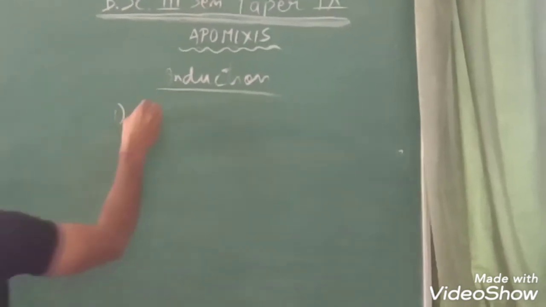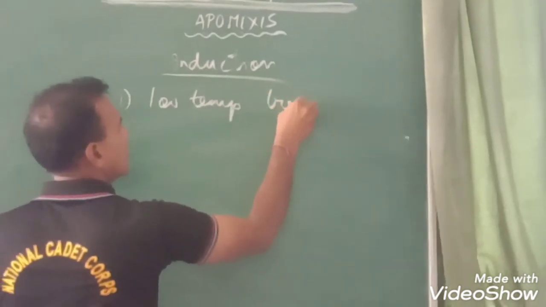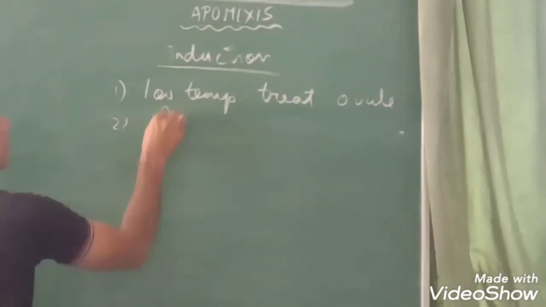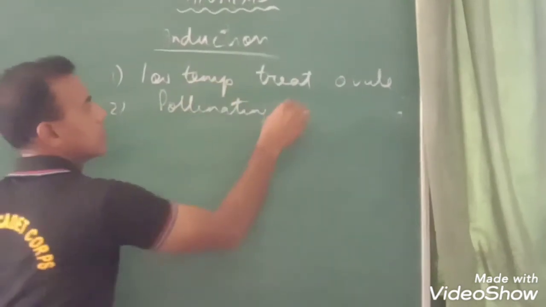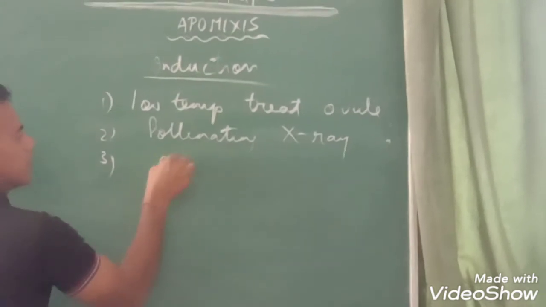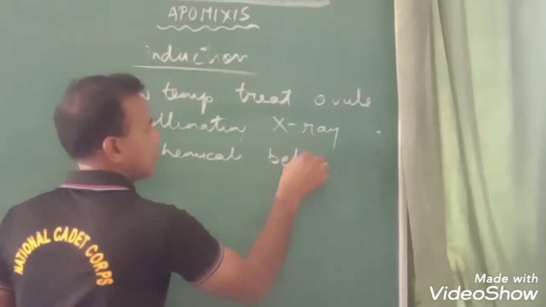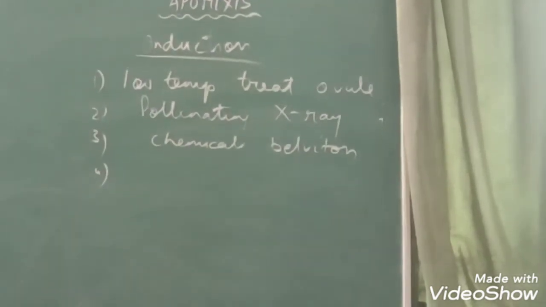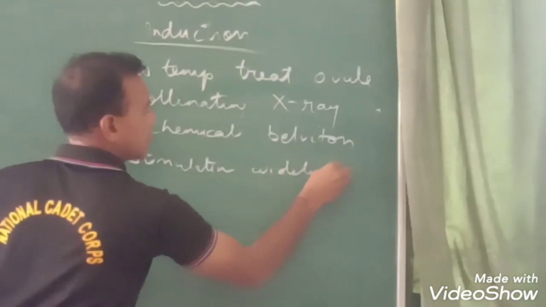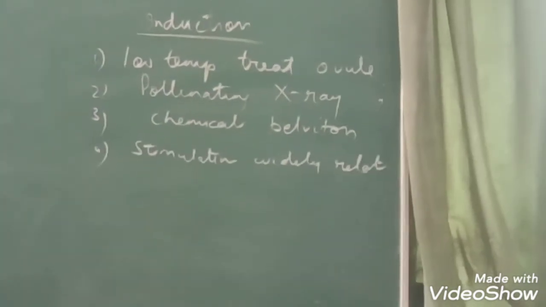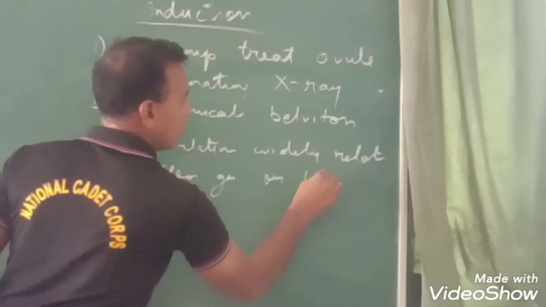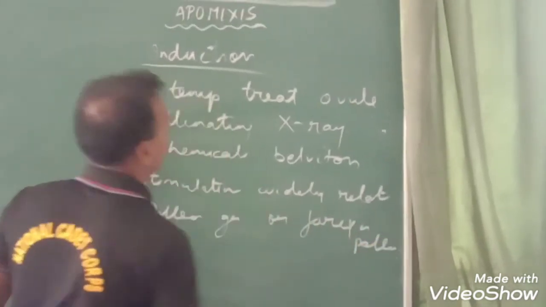First, by low temperature treatments to the ovule, by pollinating with X-ray treated pollens, by treatment with certain chemicals like Belviton, by stimulation of widely related pollen grains, or by the use of foreign pollen.